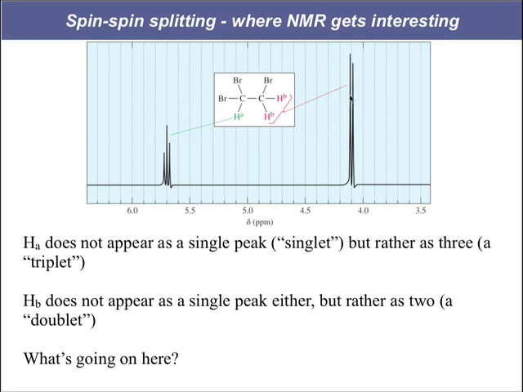The doublet means 2 hydrogens. But we've got 1 hydrogen that's being split into 3. So that's clearly not the relationship. How it splits, it turns out, does not depend on the hydrogen, but rather it depends on the neighboring hydrogens. So let's look at what's going on here. This is actually quite complex, but in reality, at the end of the day, it ends up being very simple.